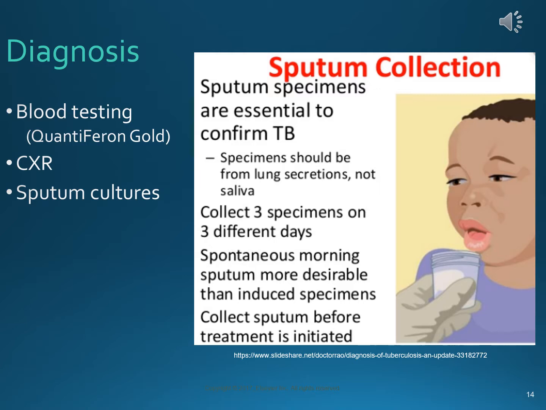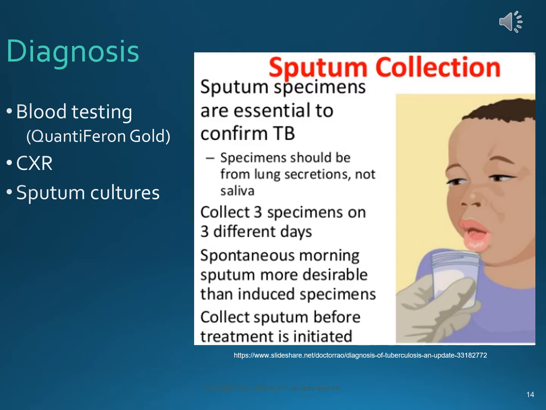Three negative AFB cultures are required to rule out TB. Three negatives are required to rule out TB. So you collect 3 specimens on 3 different days.